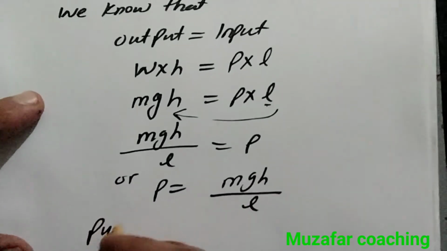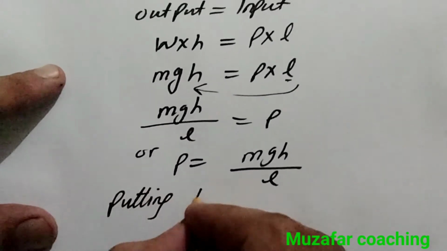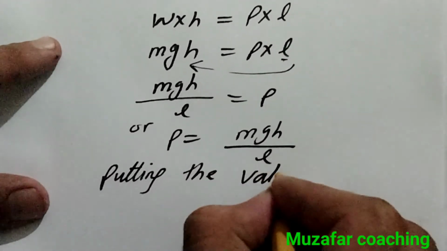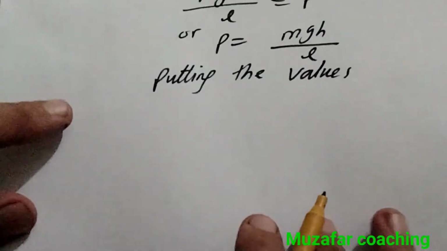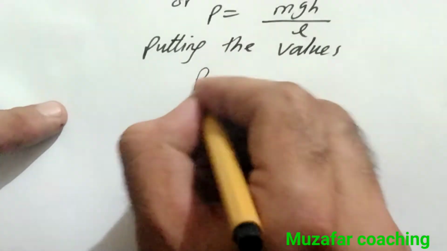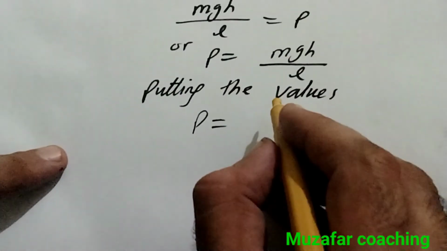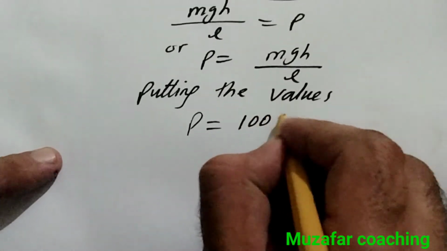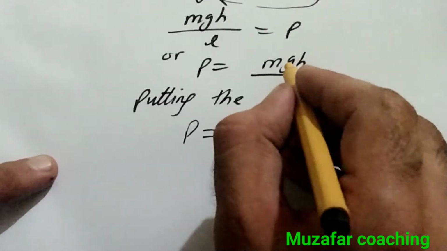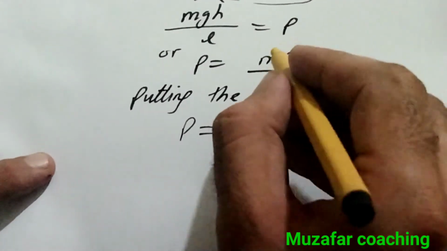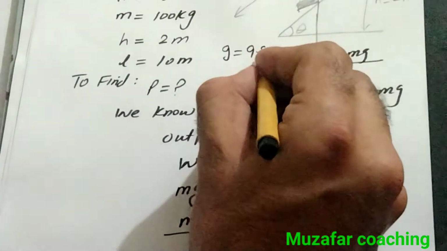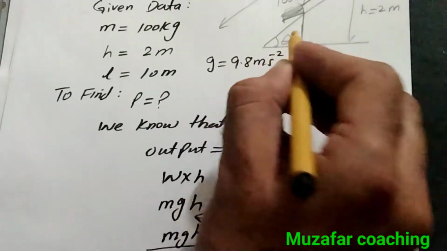Now we will put the values. M is given to us, that is 100. What is the value of G? Some of you might ask, so I'm writing it here: G is equal to 9.8 meter per second square.